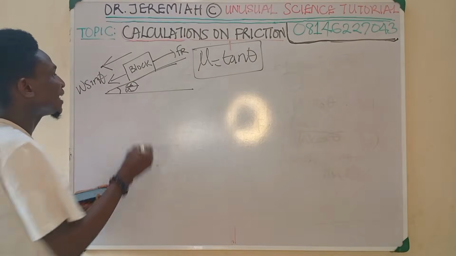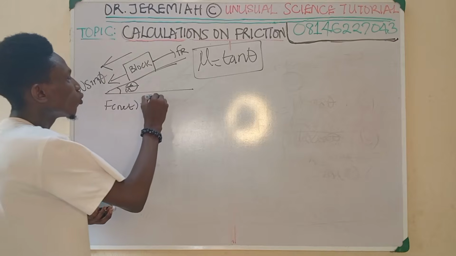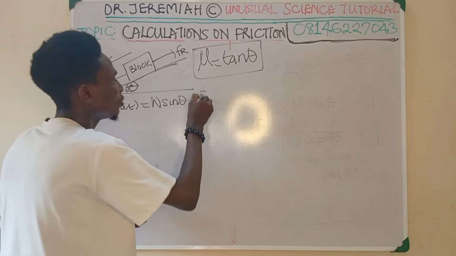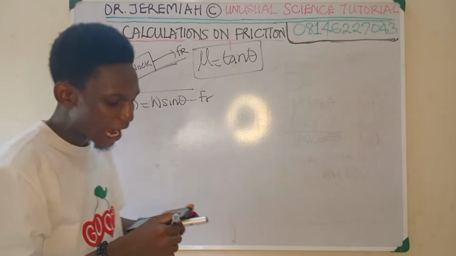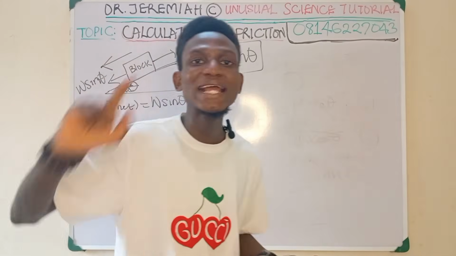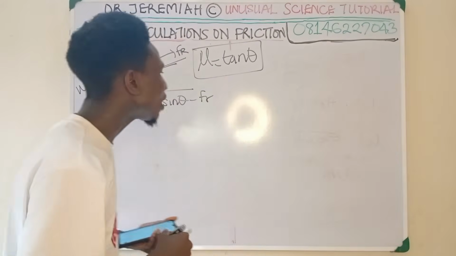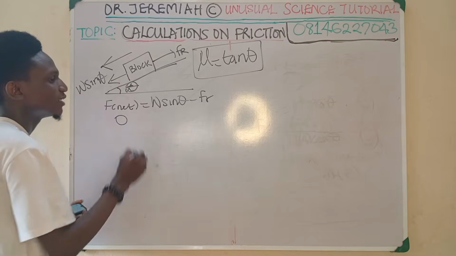Remember we said net force F net equals W sine theta minus frictional force when it's about to slide down the plane. Now let me tell you something. It said about to slide down the plane. That should remind you of something: static friction. About to slide down the plane, the net force is 0. Static friction.